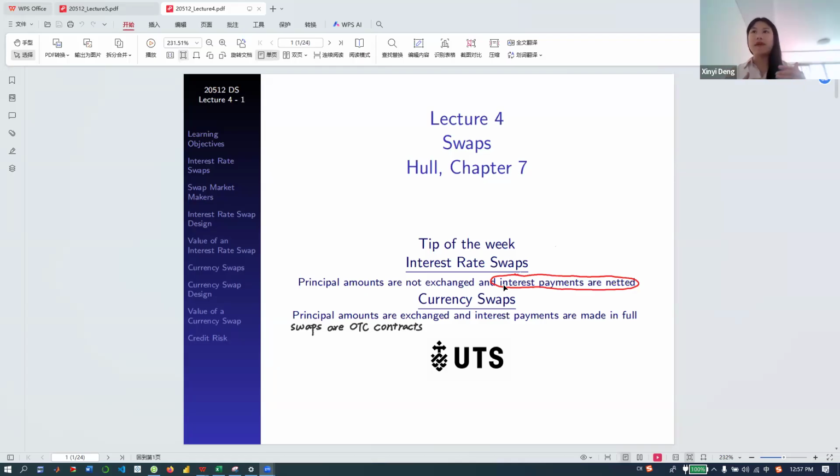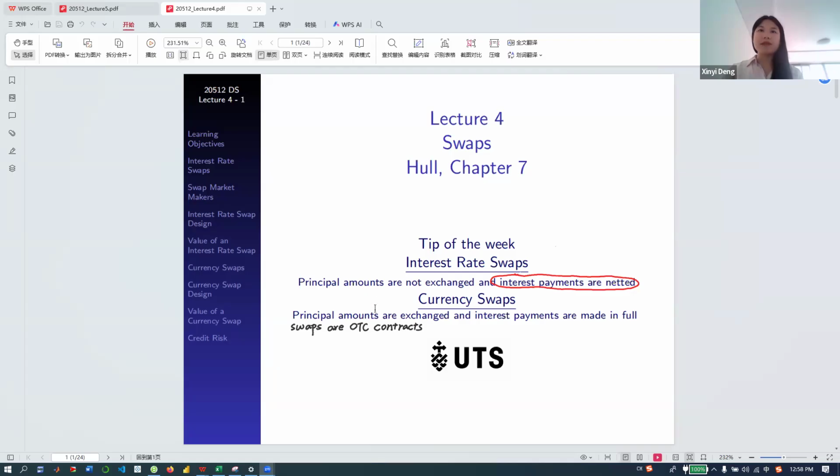For example, if you find that the other party's floating rate is higher than yours, then you have to pay the net difference. And if the other party's floating rate is lower than your fixed rate, you are going to receive a cash inflow, the positive net interest payment.